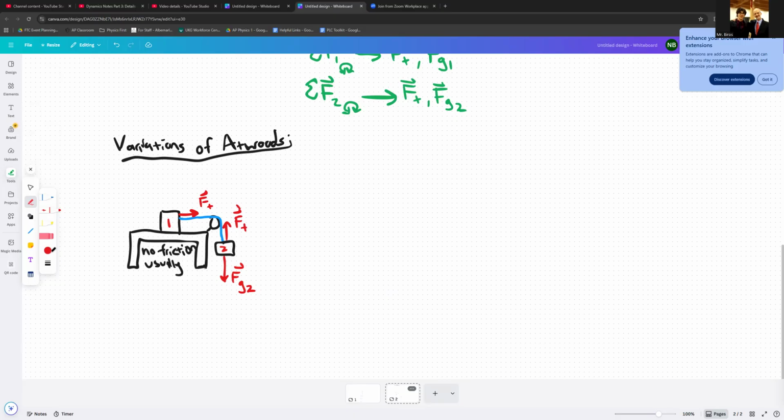So if clockwise is positive, this would be a positive force of tension. That would be negative, but they're the same amount. And that would be it, honestly. This one actually gets a little more simple because we might wonder, what about Fg1? What about the force of gravity on object number one? Does that not matter?